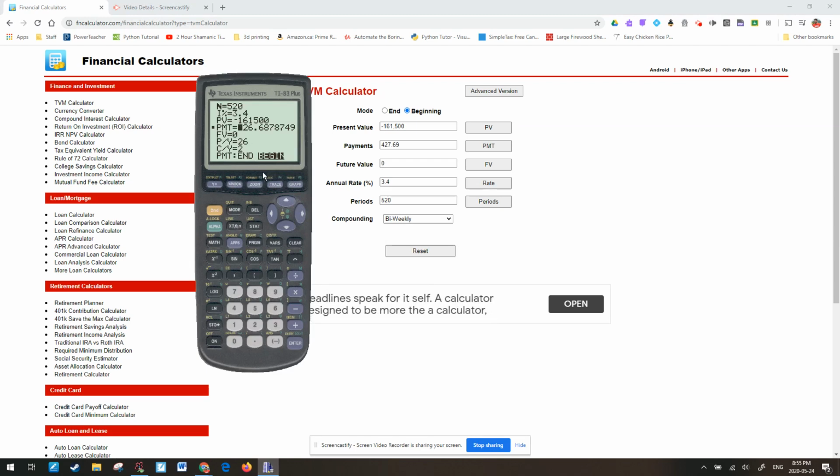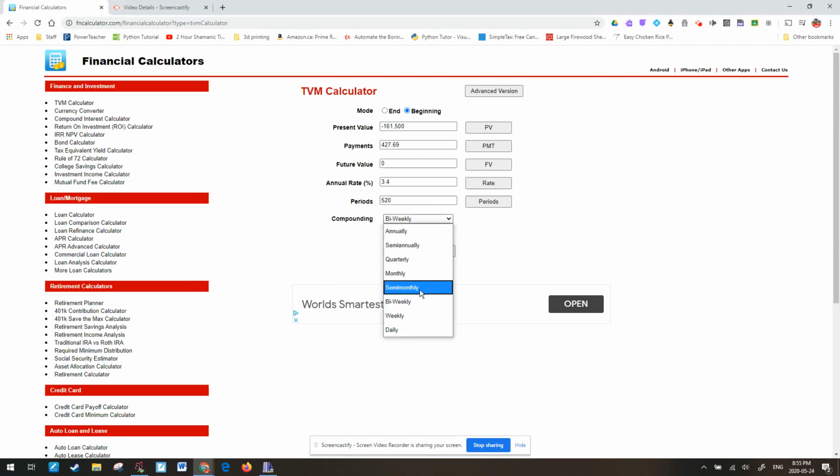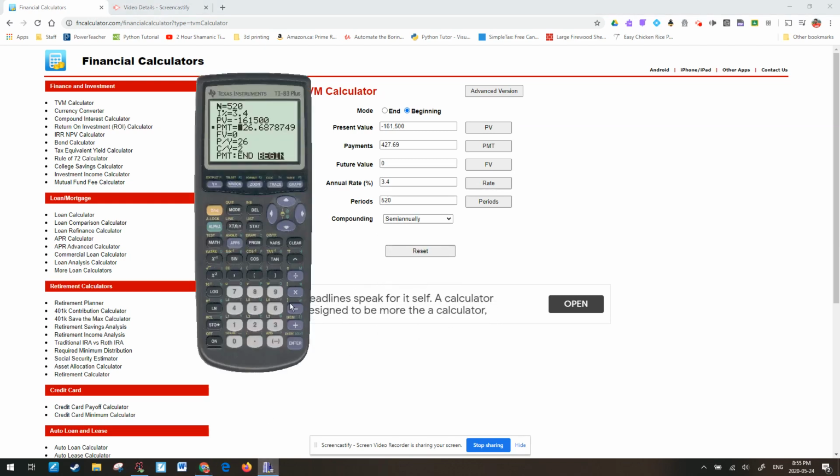And the compounding periods per year is going to be semi-annually. And then I'm going to solve. On this one, I go alpha solve, and it's $426.68, which is kind of what I expected.